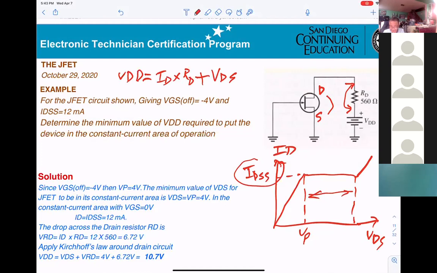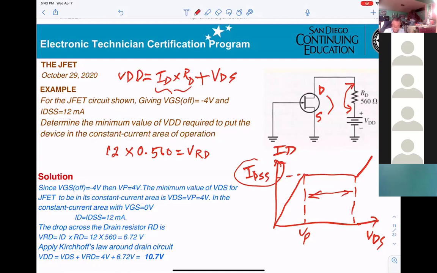RD is 560, so on this one here you can do the calculation. You take 12 milliamp times 0.56, and that's how you get VRD, the voltage across RD.